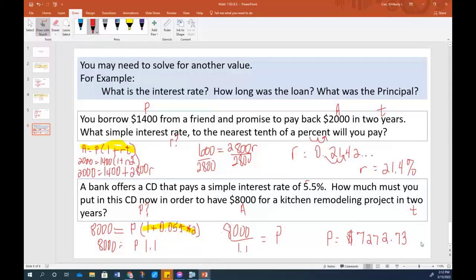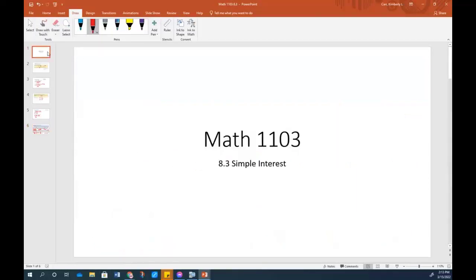So we have solved for R and we have solved for P. You could possibly solve for T in time. So you can solve that any which way, but you have two key formulas. So one last look at the two of those formulas. Whenever you are doing simple interest, the two formulas that you have, if you are doing just interest, I equals PRT.